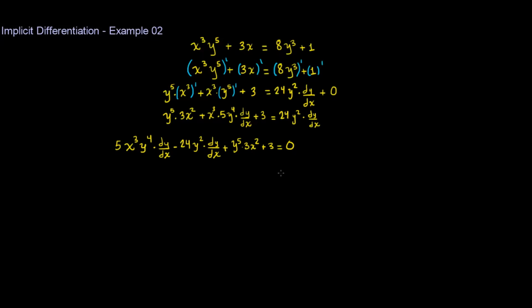This will be equal to negative y to the fifth times 3 times x squared, normally you put the x's on the left, so 3 times x squared y to the fifth. And the plus 3 will switch to a negative 3, and these two other terms will just remain the same. I'm going to copy them to save time. There it is.